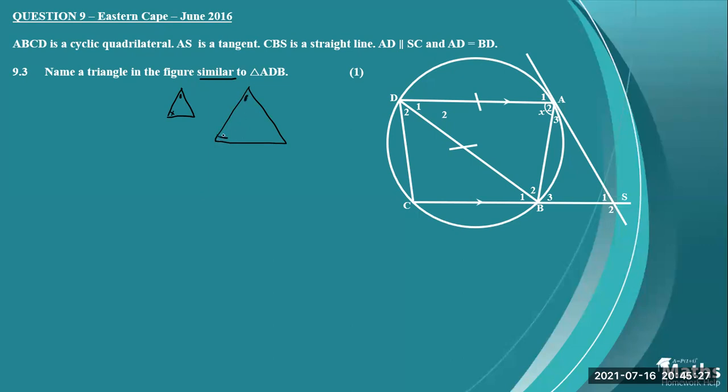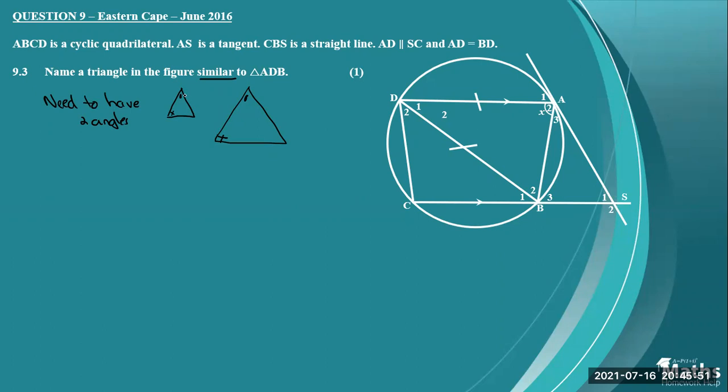And what is the requirement for two triangles to be similar? You need to have two angles. So if two angles are equal, the third one will always be equal because of interior angles of a triangle.